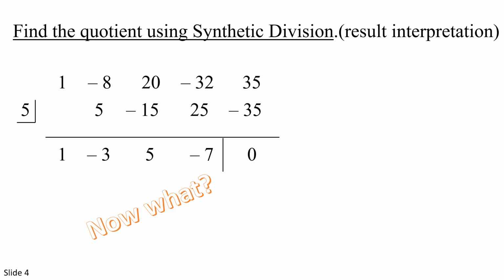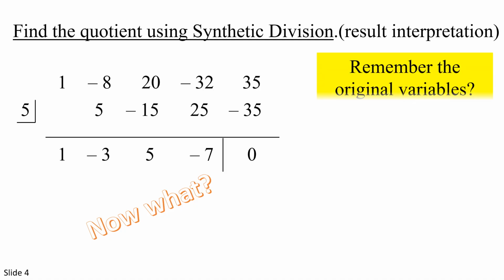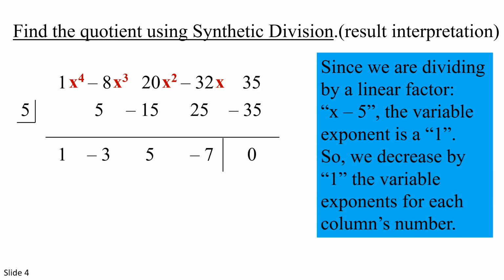So now we're going to interpret those results. What does 1, -3, 5, -7, remainder 0 mean? Remember the original variables, x to the fourth, x cubed, x squared, x. And since we were dividing by a linear factor, x minus 5, that variable exponent is a 1. So we're going to decrease each of these variable exponents by 1.